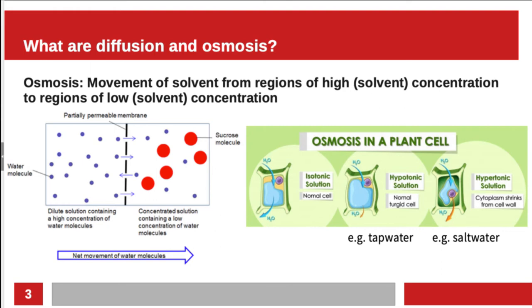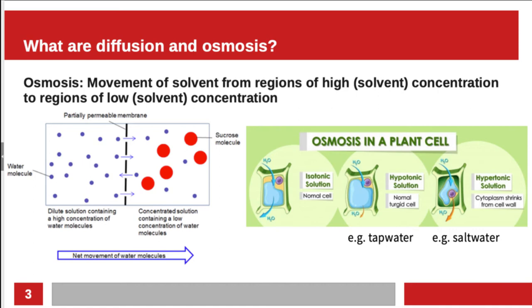Now, water is one of those things that can move across a membrane. And so in the case where you have a solution of, say, just plain tap water, then water is going to preferentially move from outside of the cell where the water is really concentrated to the region inside the cell where the water is less concentrated.